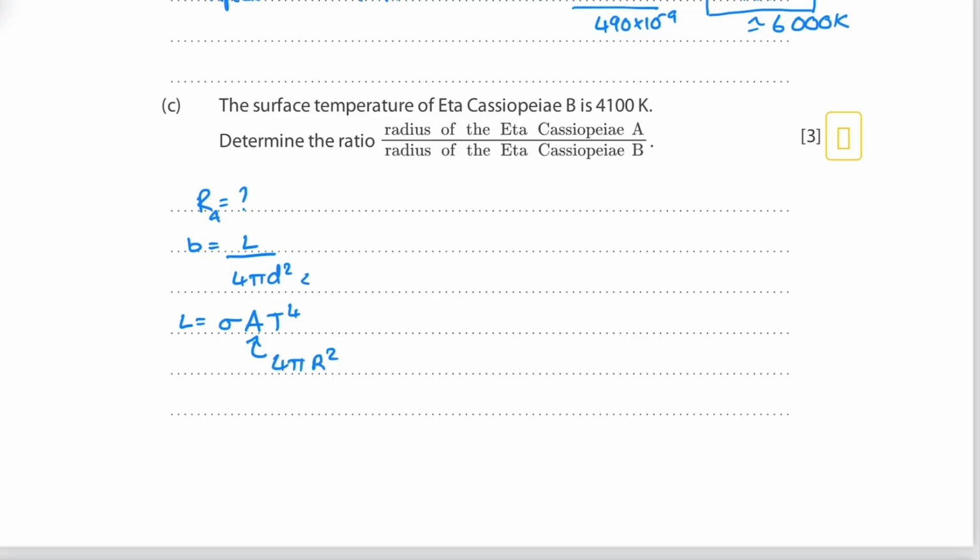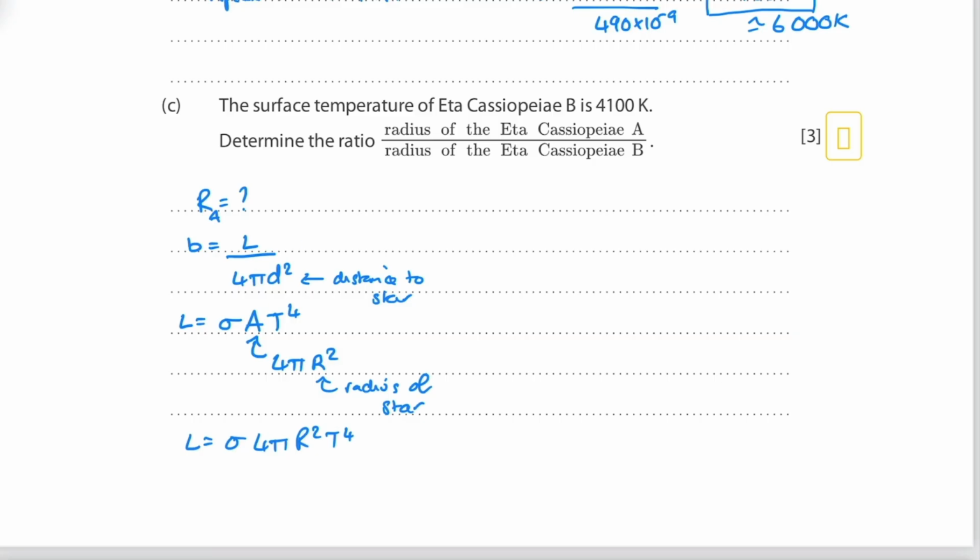So d is the distance to the star, and r is the radius of the star. And it's just the r that we're interested in, isn't it? So instead of having L equals, let's just add this in: 4 pi r squared sigma T to the 4th.